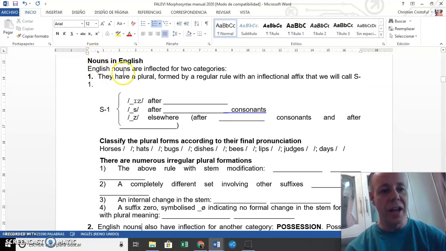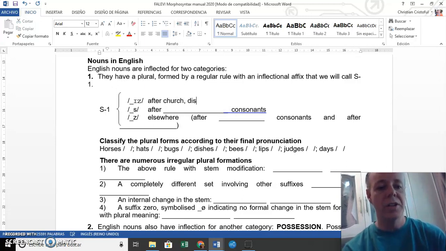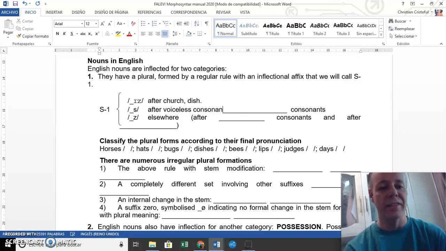Okay? English nouns are inflected for two categories. The plural category, formed with a rule that we covered before in phonetics and phonology. So, church, dish, etc. If the word finishes in a sibilant sound, then the plural would be iz. Churches, dishes, etc. S after voiceless consonants.